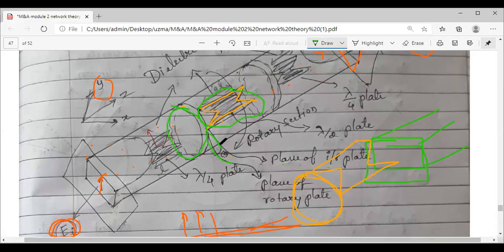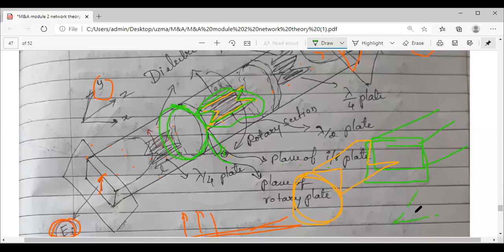As you change this angle, say if you have set this theta angle to 30 degrees, it means the angle between the plane of the rotary section and the plane of the dielectric plate is 30 degrees.